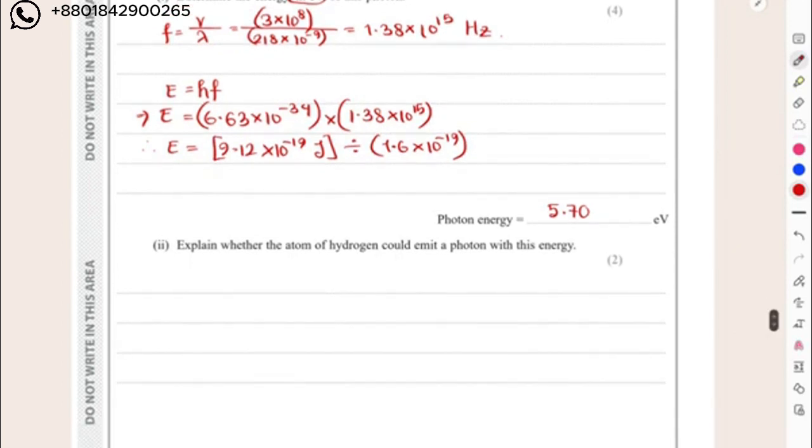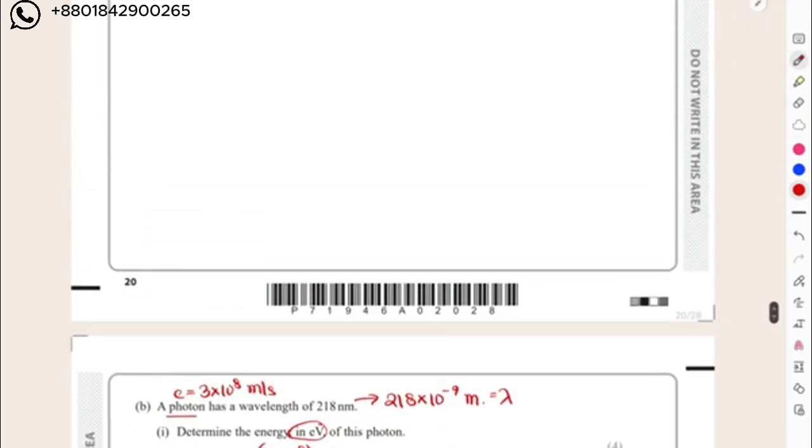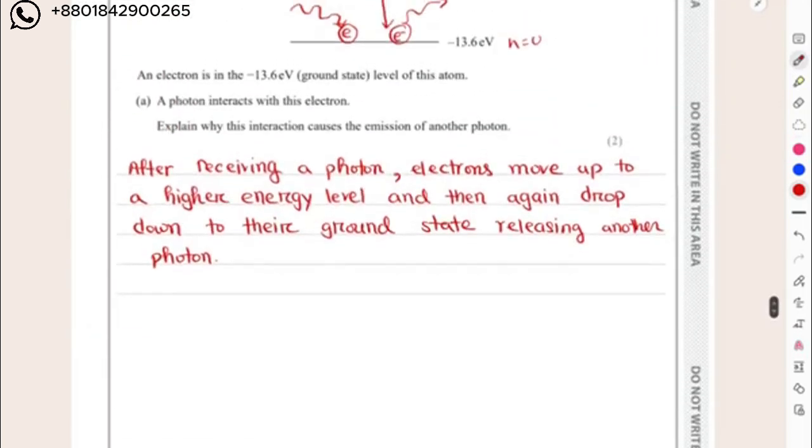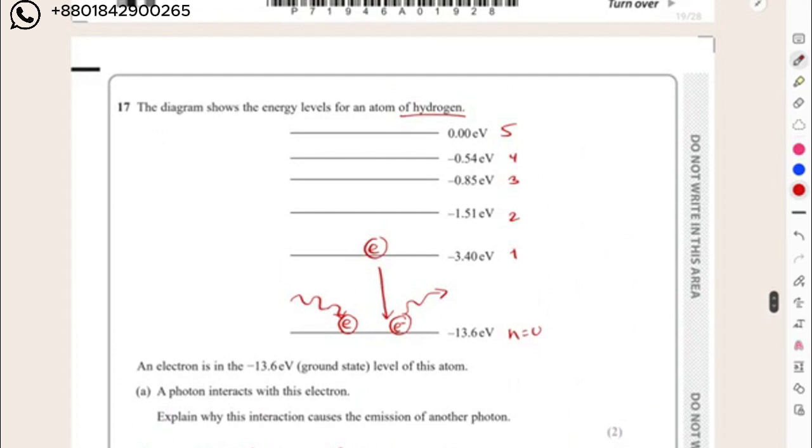Explain whether the atom of hydrogen could emit a photon with this energy. In order to find that, you have an energy of 5.70 electronvolts, and you try to find the energy difference between every level. For example, I'll erase everything over here.